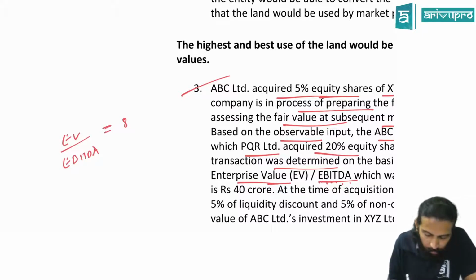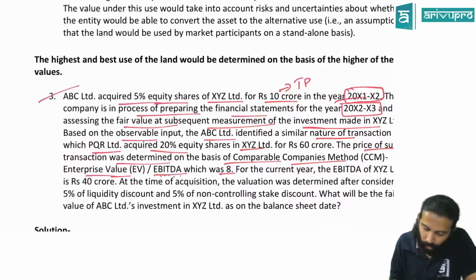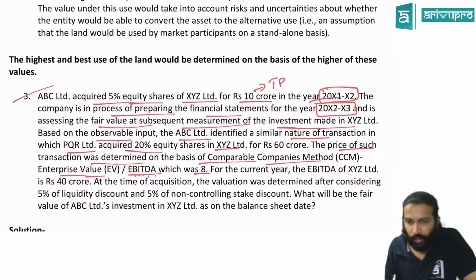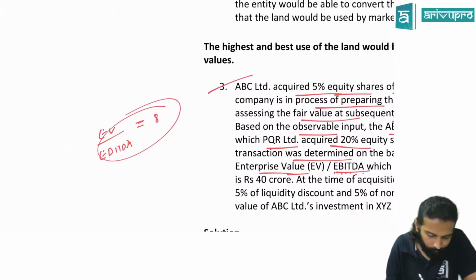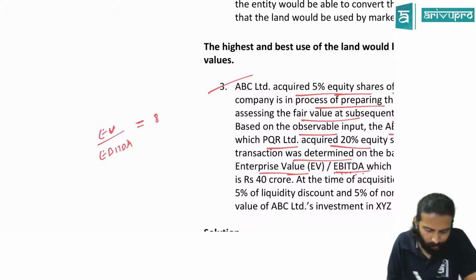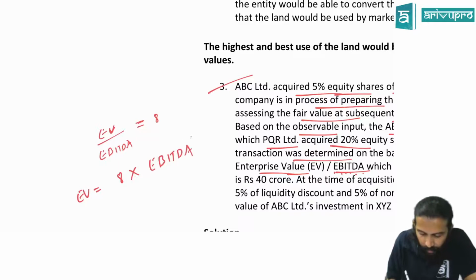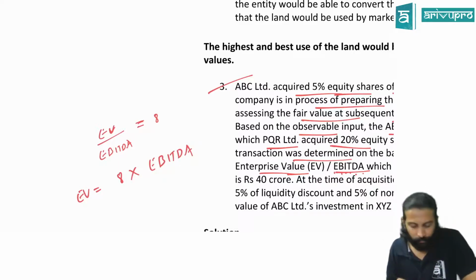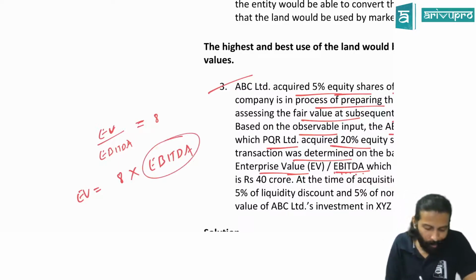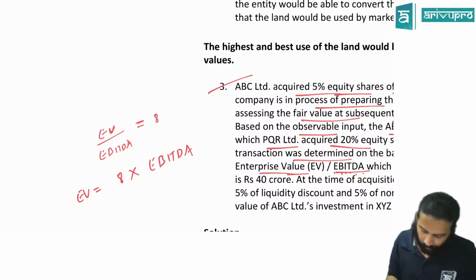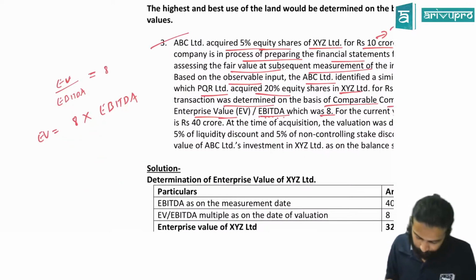Based on this, they have found out the value of this 60 crores. This is like price earning ratio, sir. Here enterprise value divided by EBITDA is 8. That means enterprise value is 8 times EBITDA. If company earns an EBITDA of 1 rupee, the value of the company is 8 into 1, 8 rupees. So this is a market driven data.